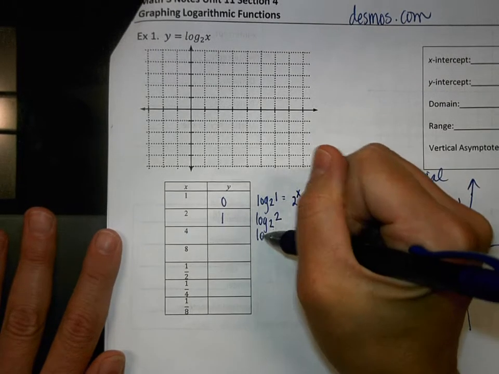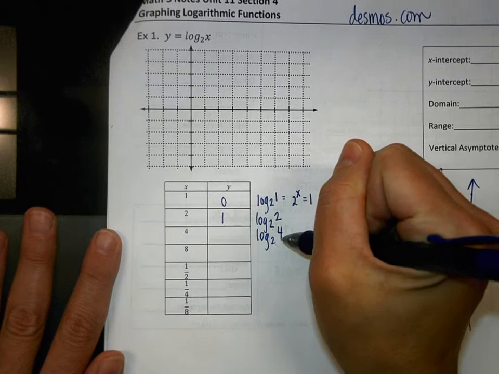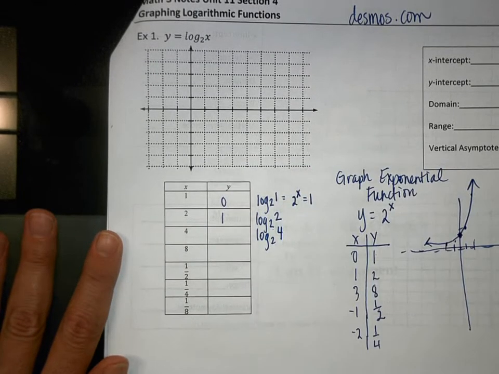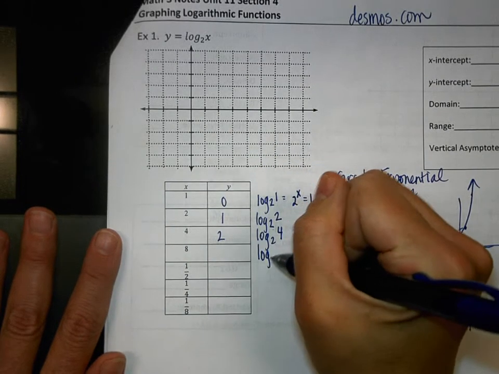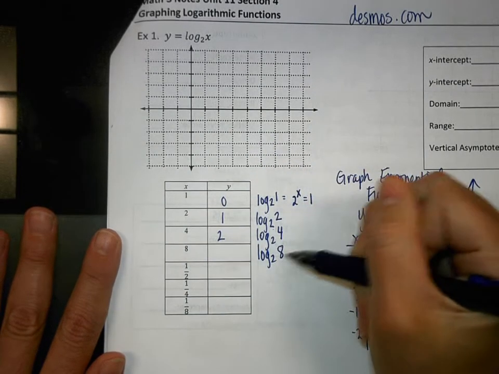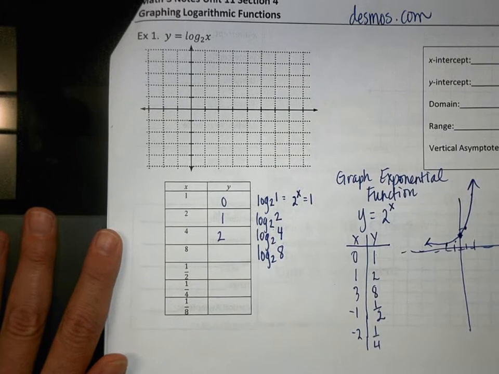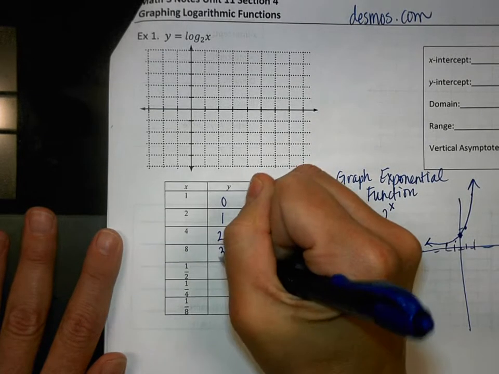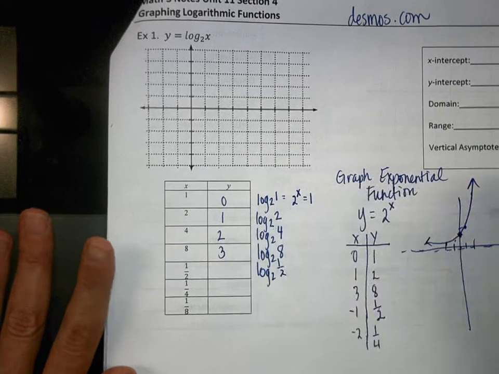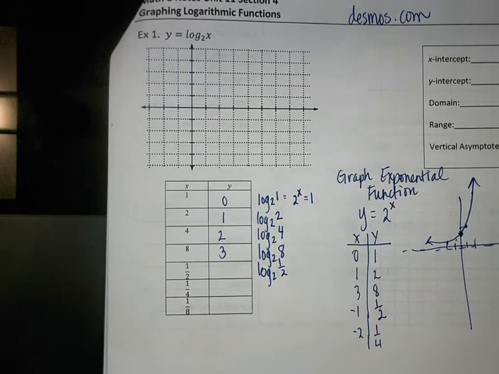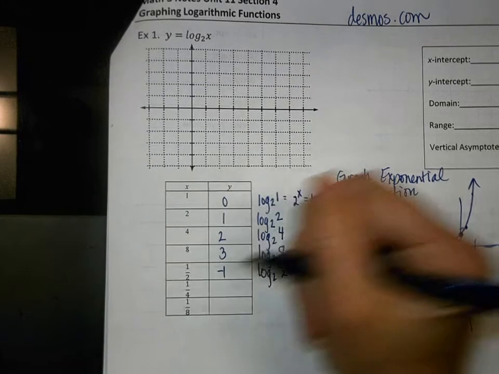Then we have log base 2 of 4. 2 to what power will give me 4? 2. Good. Log base 2 of 8: 2 to what power will give me the answer of 8? 3. Log base 2 of 1/2. -1 is correct, right?